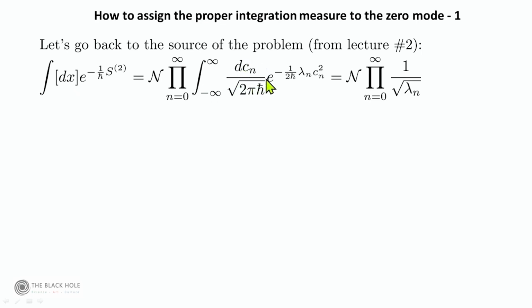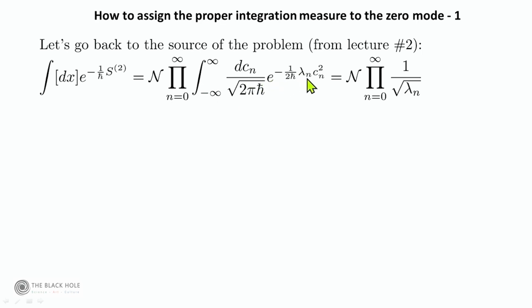And don't worry about this square root of 2 pi h bar, because that's just a convenient normalization, which we can easily slip into this normalization n. And we'll be able to figure out what this n is with or without this. Anyway, this is just convenience over here. But here is where we are doing the Gaussian integral.